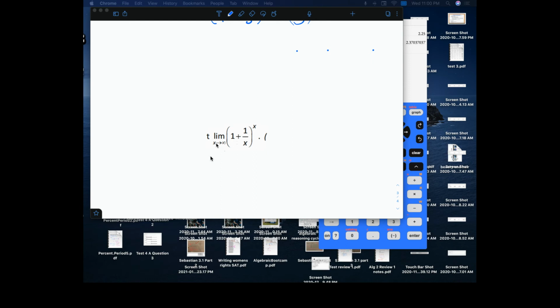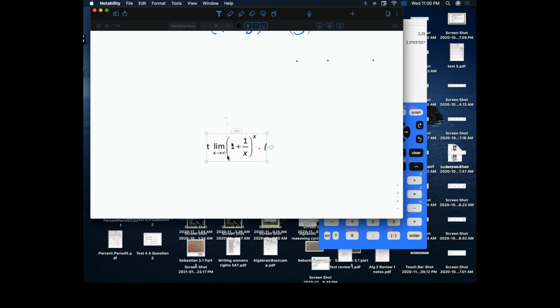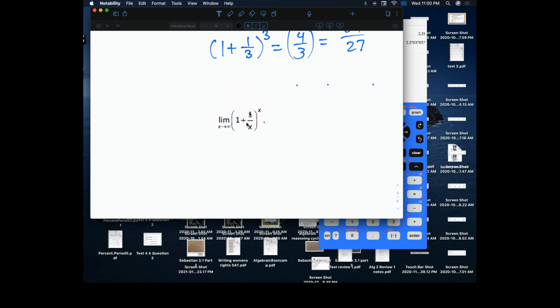So the limit as x approaches, you know what, I can do better. 1 second. Let me do better. This is the same thing as the limit as x approaches infinity of 1 plus 1 over x raised to the x. And this is what e is equal to.